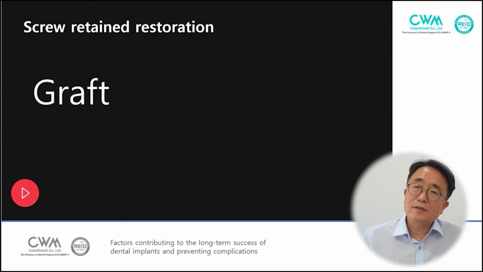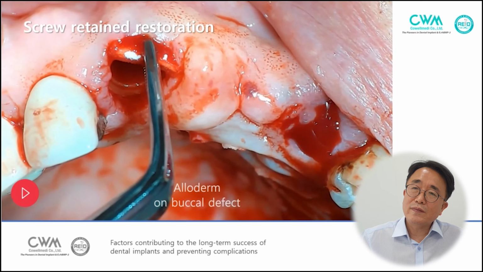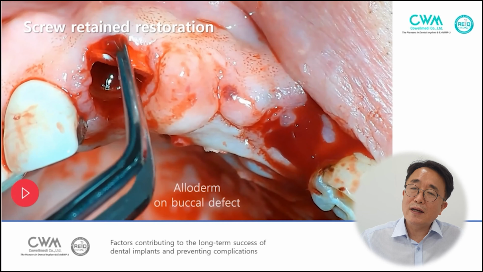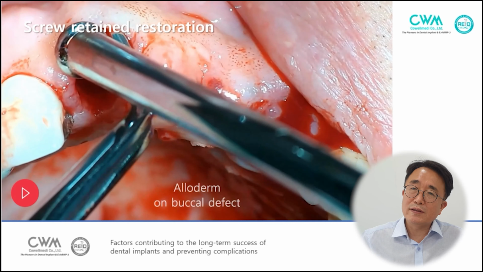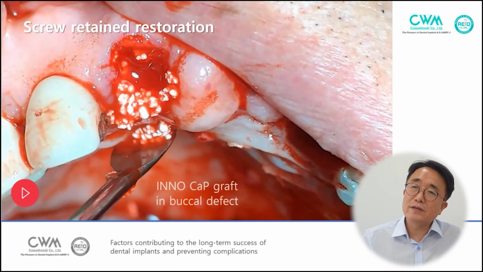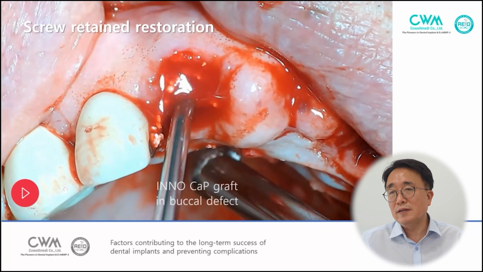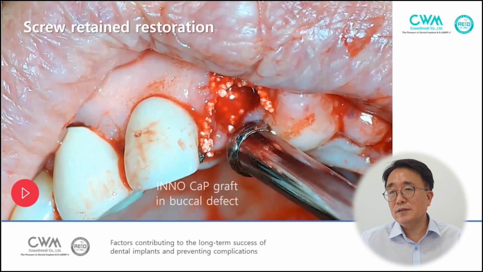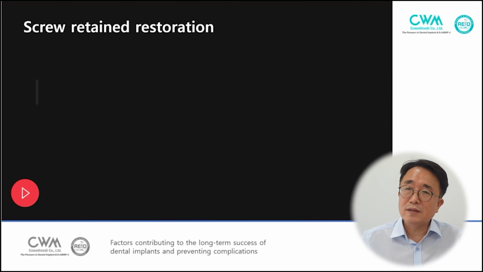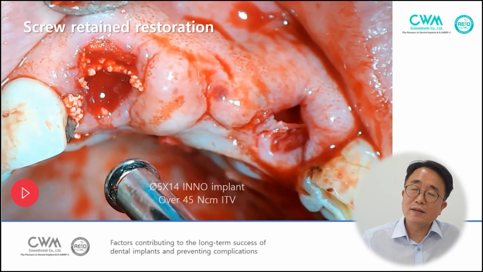Buccal bone defect. I would like to recommend alloderm on the buccal defect at first, because this gingival width was reduced because of inflammation. So increase this dermis, and then bone is grafted, and the implant is placed in the graft site.